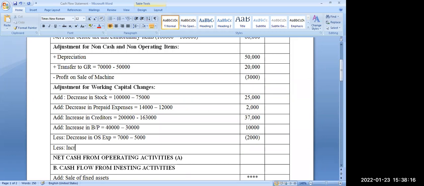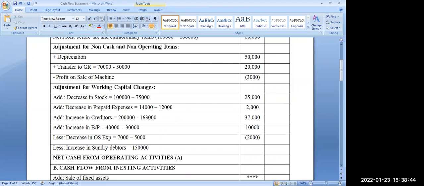Why are you subtracting? What is the logic? Increase in sundry debtors means we have given money in the way of selling, so we have invested money in stock. Sundry debtors were actually 1,40,000. Now it has become 1,50,000.